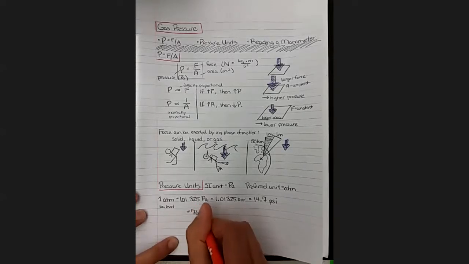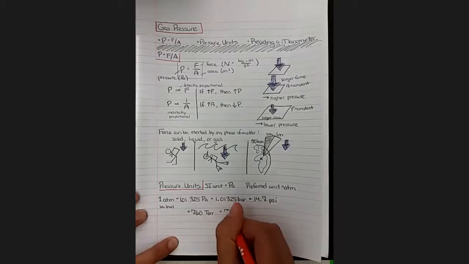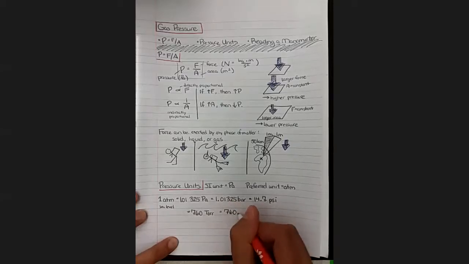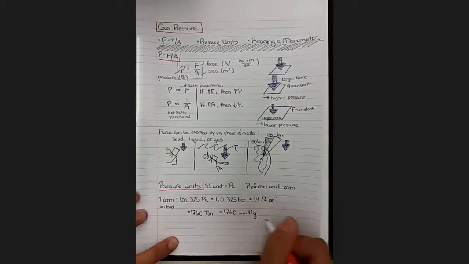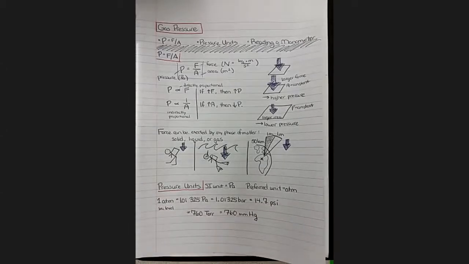It's equal to 760 torr, which many lab instruments use. And it's equal to 760 millimeters of mercury, which is a unit of pressure that's very easy to physically measure. So these are all different units of pressure that you might encounter in your life or in practice problems, and you should be able to use these conversions to convert between them.